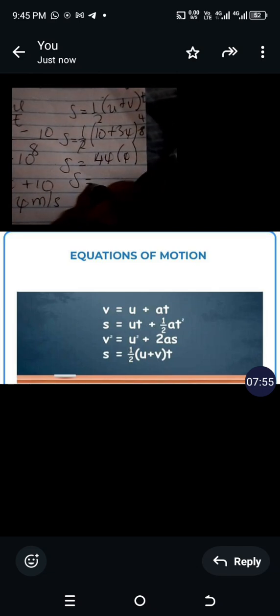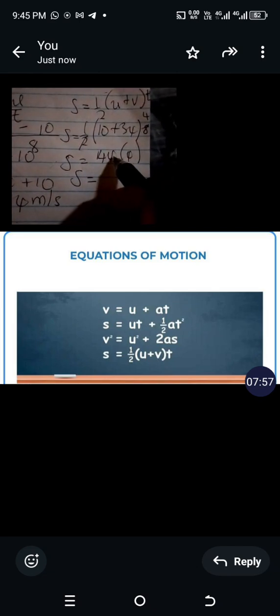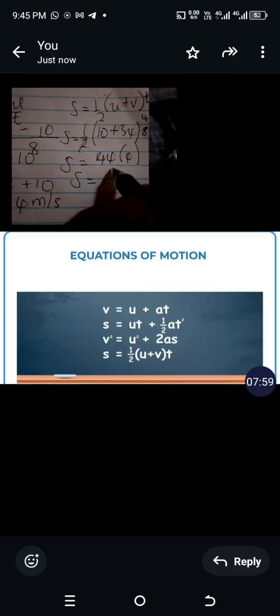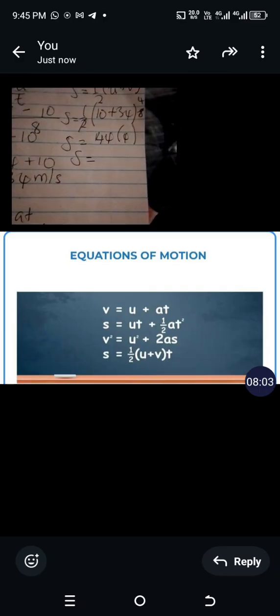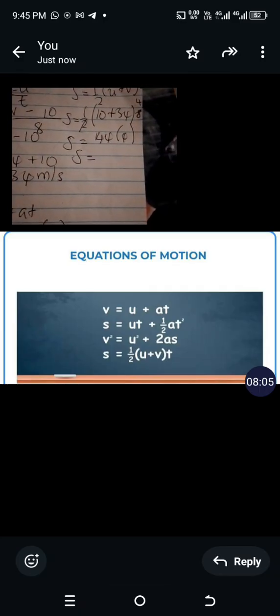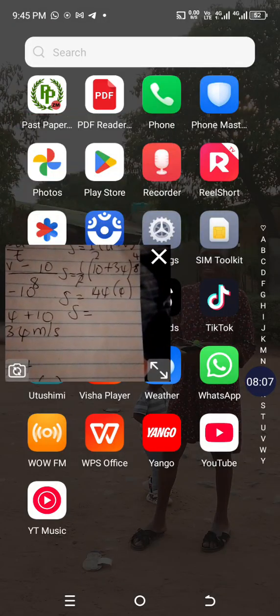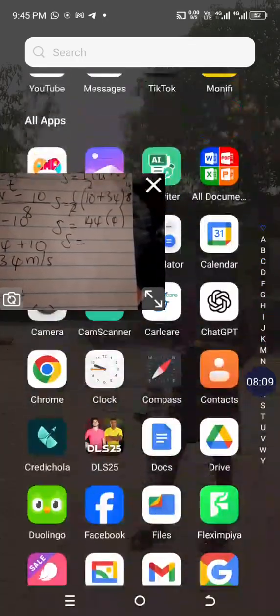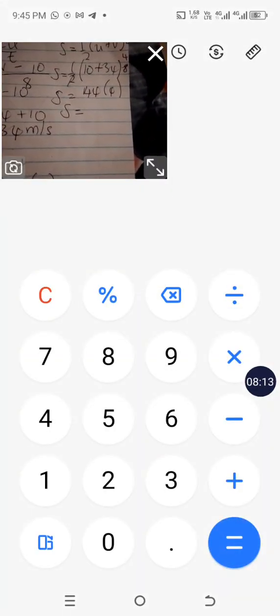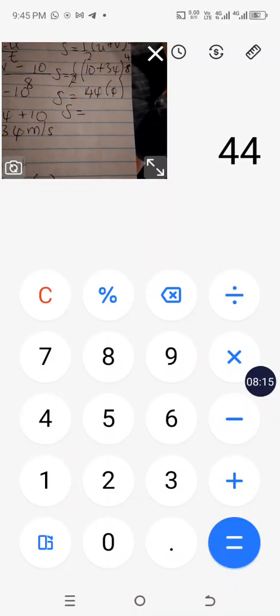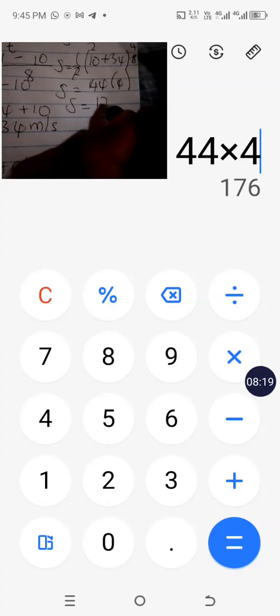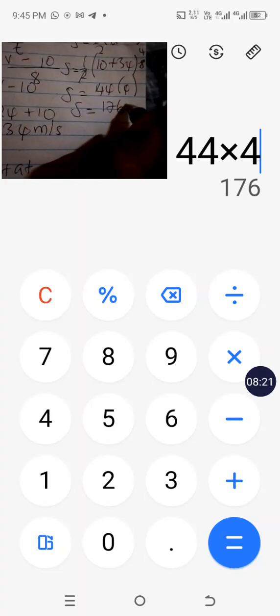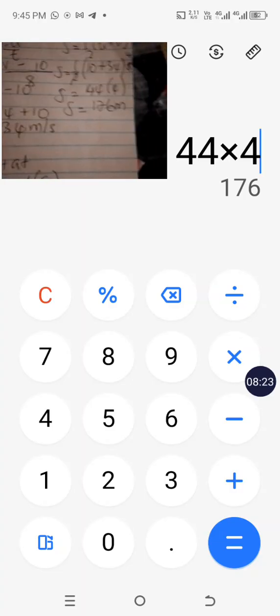So distance will be equal to 44 times 4. So it's 4 times 4, and so on, which is 176 meters.